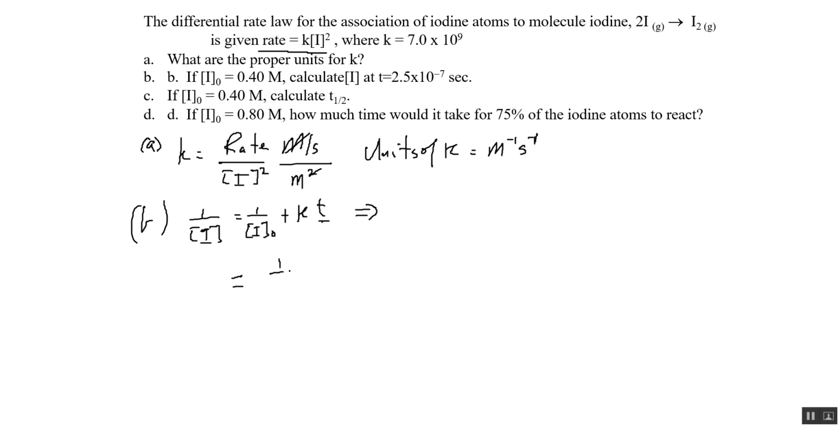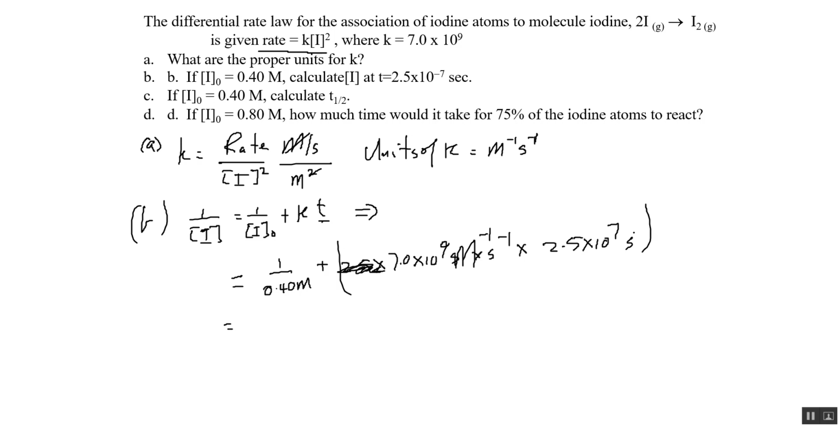So 1 over 0.40 M plus K, which is 7.0 times 10 to the 9 M to the minus 1, second to the minus 1, multiplied by time, which is 2.5 times 10 to the 7 seconds. And we need to work this out. So I would work out this part here first.